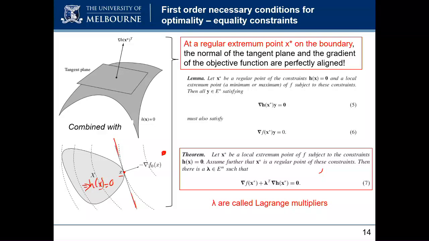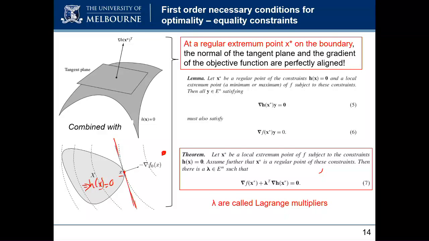You're with me? That is this guy in 2 dimensions, the same thing as this tangent plane. So x star would be the extremum point, minimum or maximum, depending on your problem. When we combine these two things, we observe something interesting: at a regular extremum point x star on the boundary, the point is on the boundary, therefore it automatically has to satisfy the constraint equations.